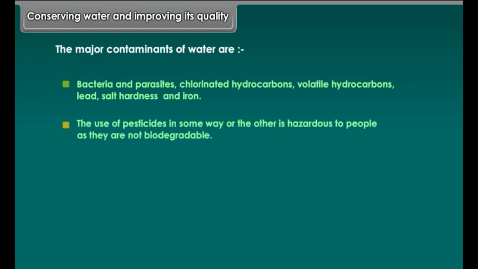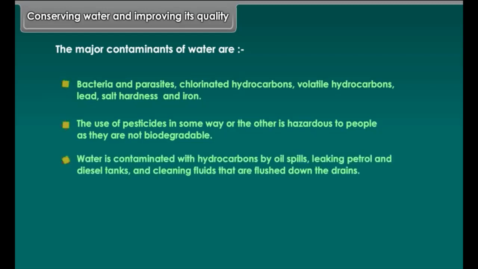The use of pesticides in some way or the other is hazardous to people as they are not biodegradable. Water is contaminated with hydrocarbons by oil spills, leaking petrol and diesel tanks, and cleaning fluids that are flushed down the drains.